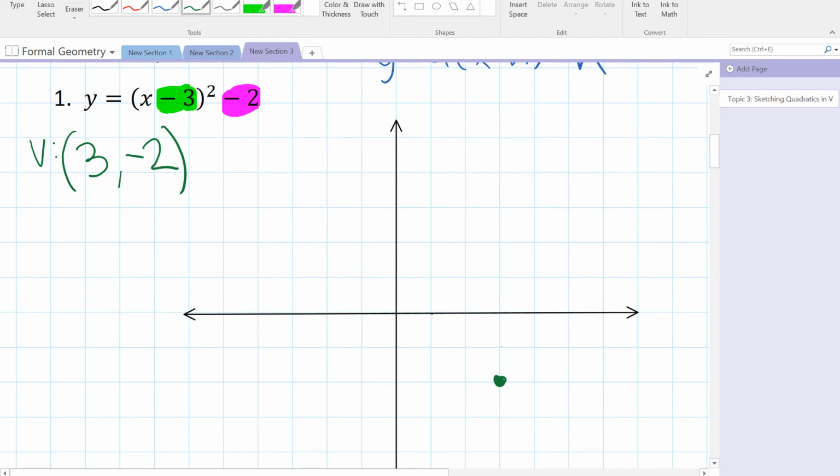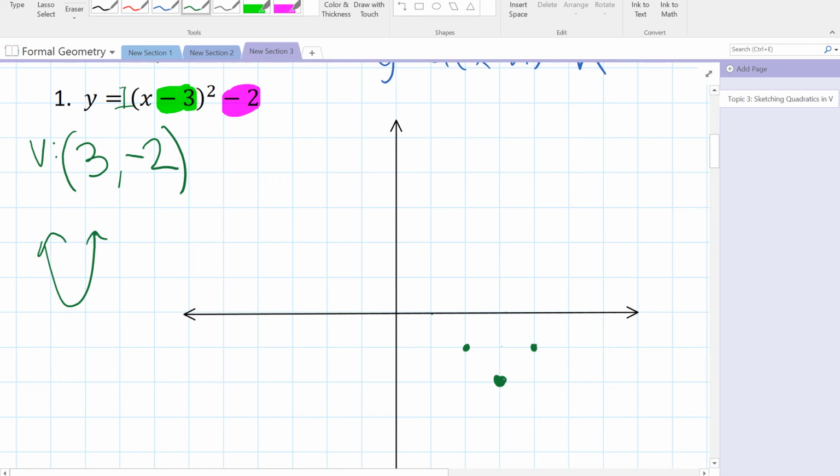And then we can see that I don't really have any number in front of my parentheses, so we can assume that I just have the value of 1. So this is going to be a parabola that's facing upward because it's positive, and it's not going to have any sort of stretch to it, so I'm just going to go up 1 and over 1, and then up 1 and over in the other direction.